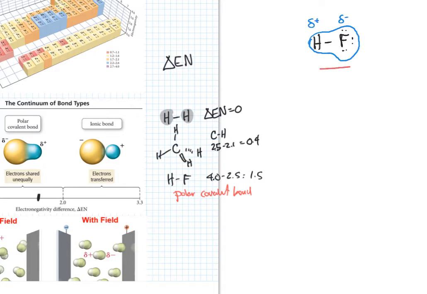Another notation we used was an arrow pointing towards the more electronegative element, or where the negative sign is. And so we have a couple different ways to represent this. We can use the electron density. We don't usually do that. It's hard to draw. You can use these partial positives or partial negatives, and we can use this arrow notation to indicate which way the dipole moment is pointing, and we would call this a polar molecule.